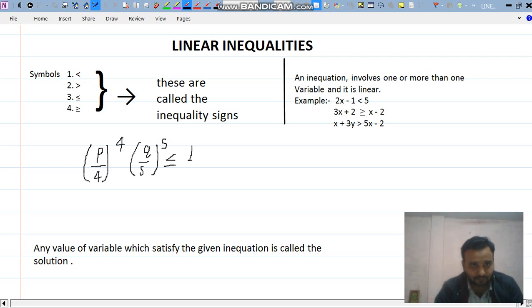Okay, here is the introduction of linear inequalities. These are the symbols, and we say this is less than, meaning one part is the left side, another part is the right.